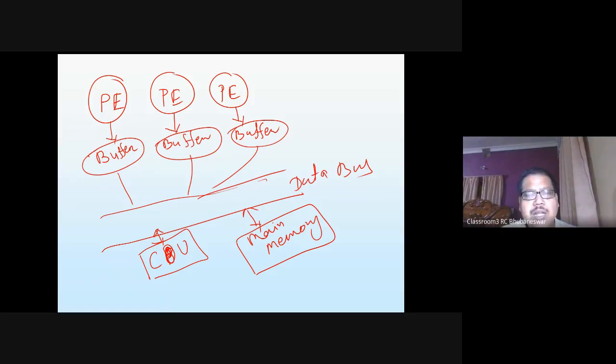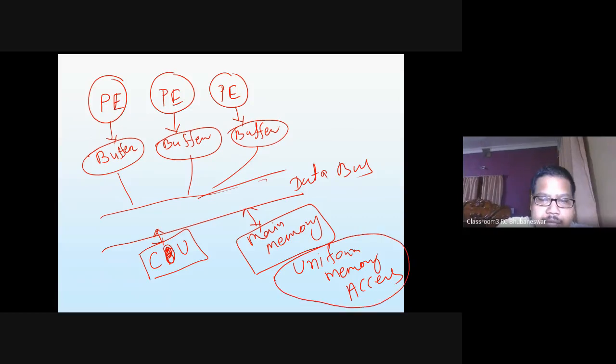That means data is used from a single main memory. That's why it is called uniform memory access.